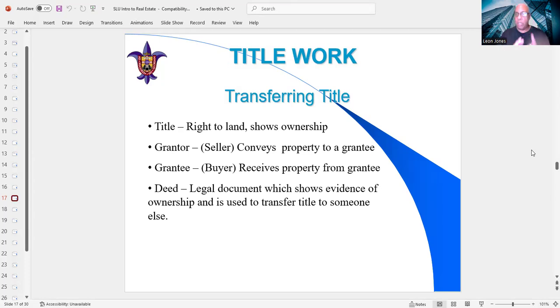Again, what you need to understand is when we deal with a title, it shows ownership. And you have two people involved. It's the grantor, which is the seller, and the grantee, which is the buyer. And when we deal with the deed, we deal with a legal document which shows evidence of ownership, and it is used to transfer title to someone else.